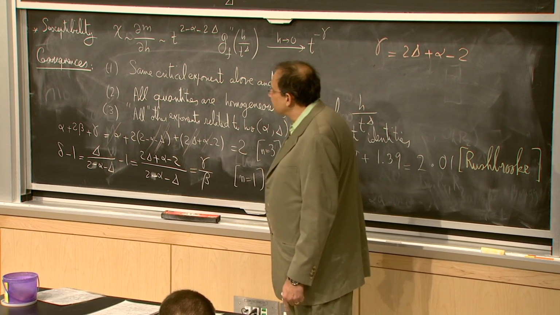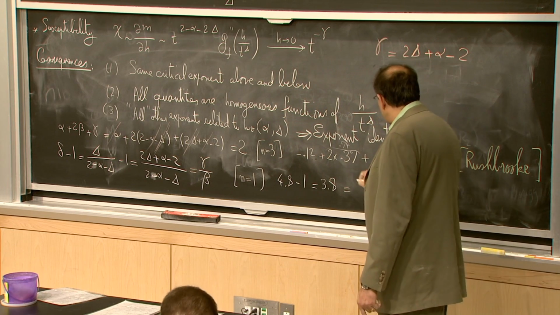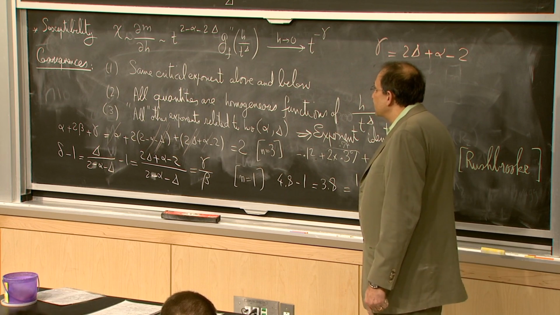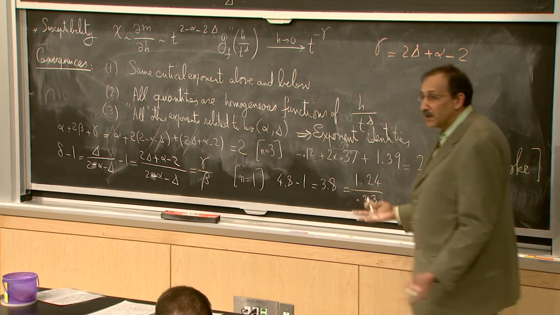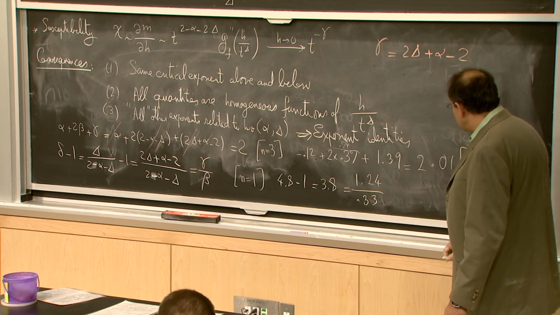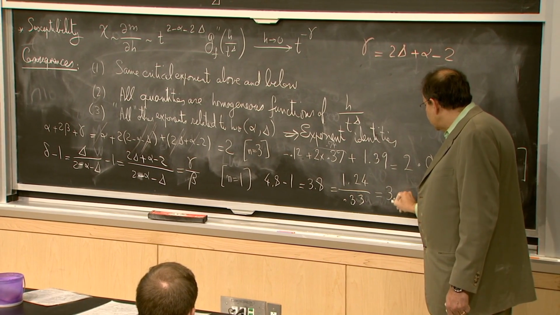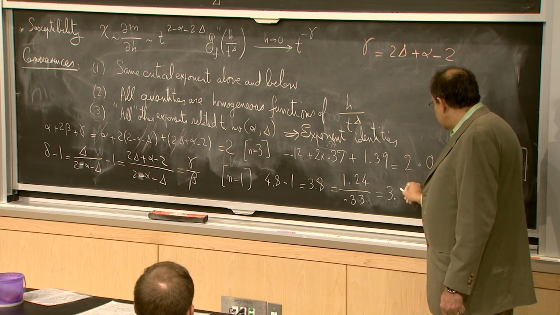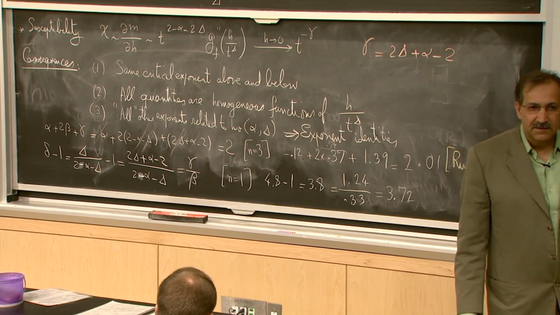And on the other side, we have gamma over beta. Gamma is 1.24 roughly, divided by beta 0.33, which is roughly 1/3. So I multiply this by 3, and that becomes 3.72. Okay, not so bad.